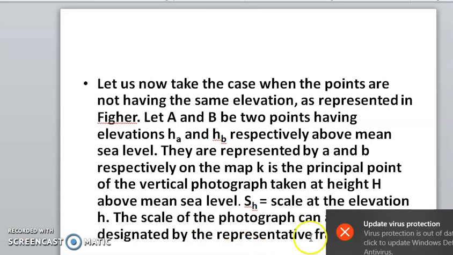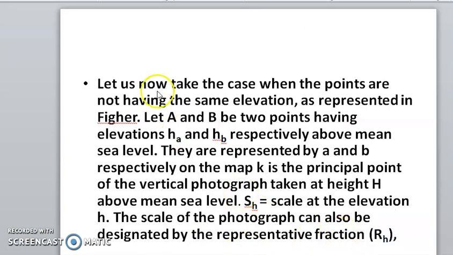Next we go to another slide. Let us consider the case when the points do not have the same elevation, as represented in the figure.